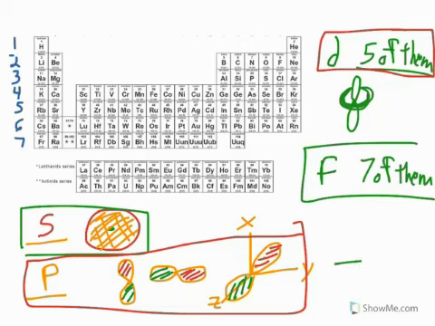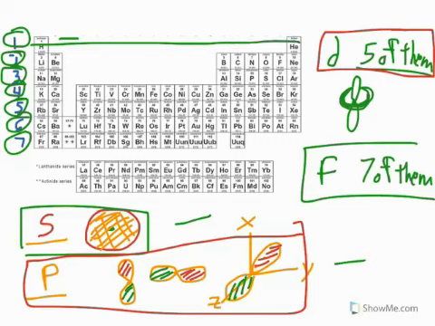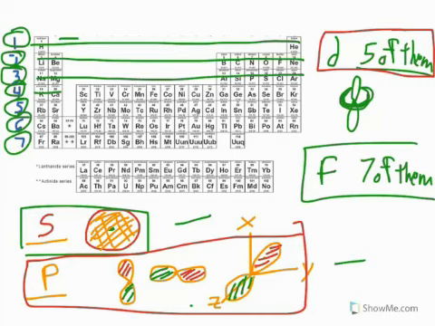These are called sublevels, and these that I've numbered over here on the left are your principal energy levels. Your orbitals are going to be organized within these principal energy levels. So this row is n equals 1, n equals 2 is this row, n equals 3 is this row, n equals 4 is this row, and we have an exception there that we'll get into later.